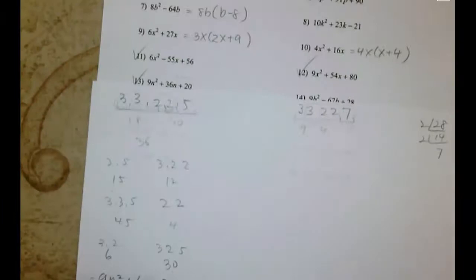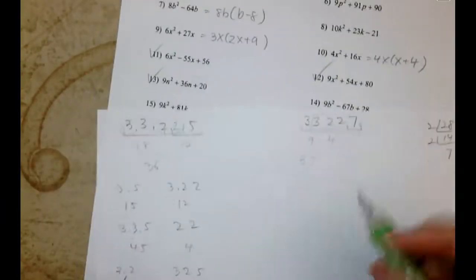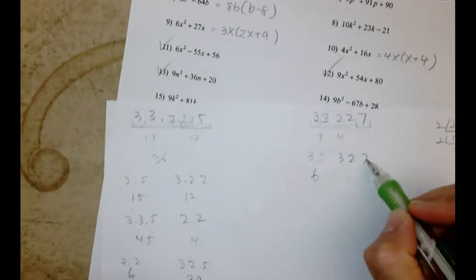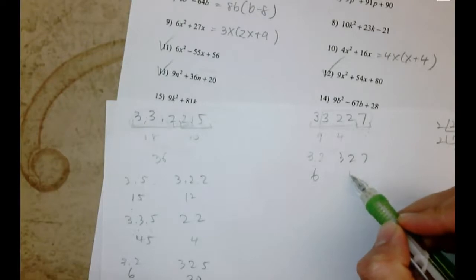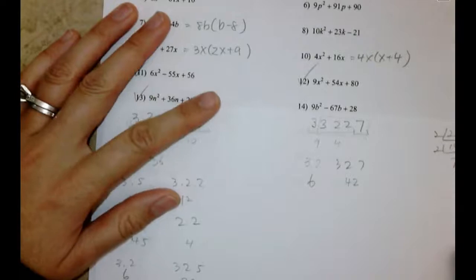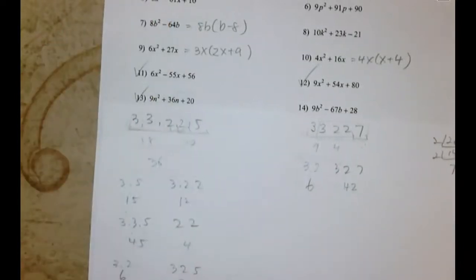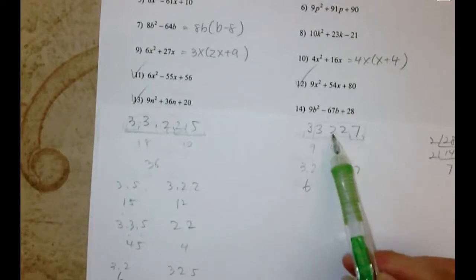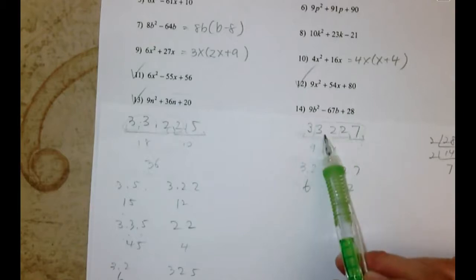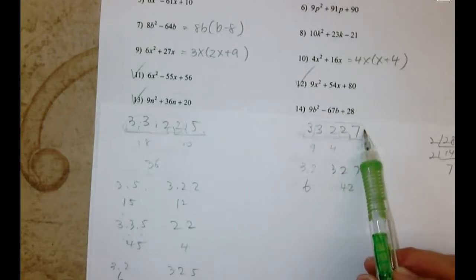So let's see. How about 3 and 2, and then 3 and 2 and 7. So that's 6, and 6 times 7 is what? 42. And what I was trying to get to? 67. So no, that doesn't work. 28 times 9 plus 9 we already did. So something has to be bigger.